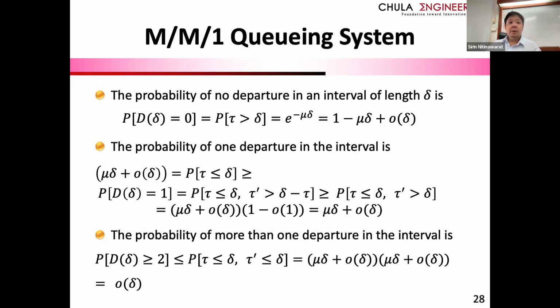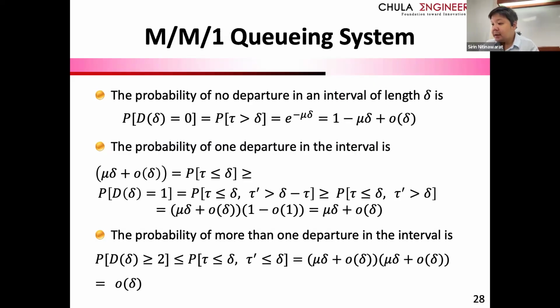So let's start with the probability that, let's say, the system is non-empty, meaning there's one customer being serviced. What is the probability that by the time of delta seconds, the server will not be done with the current customer?